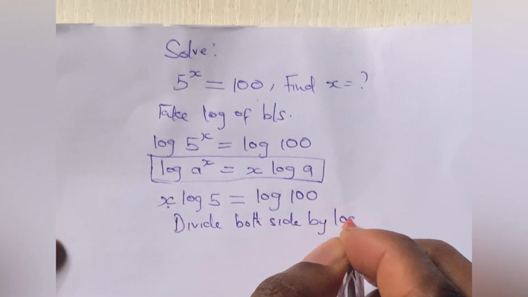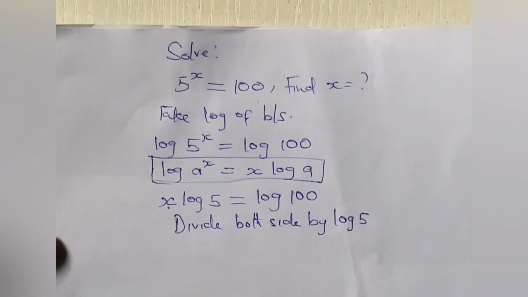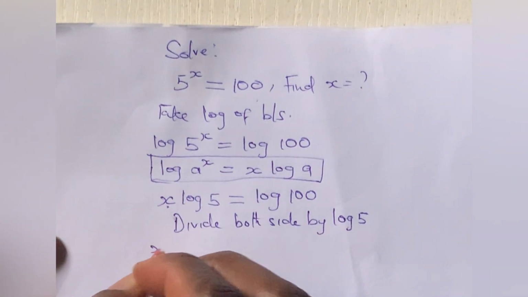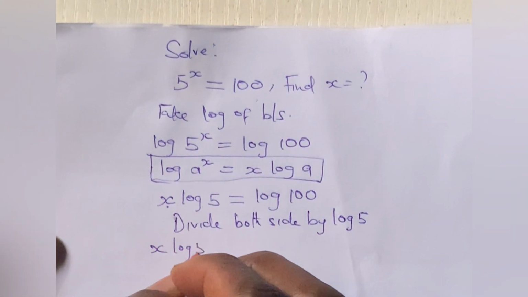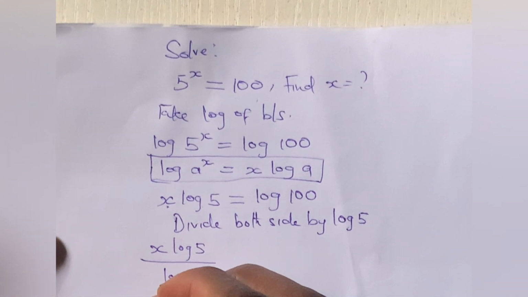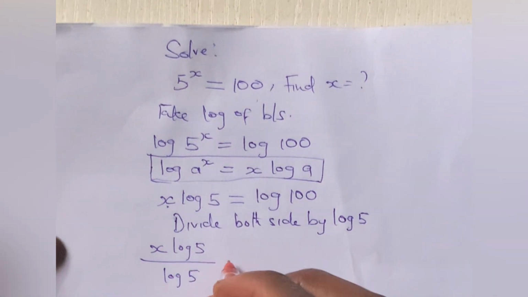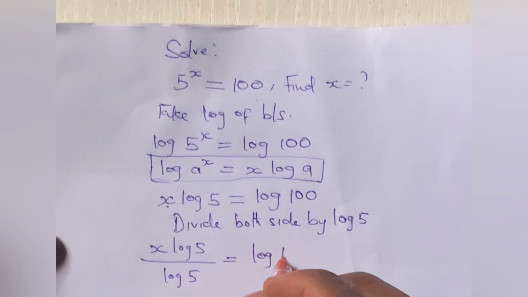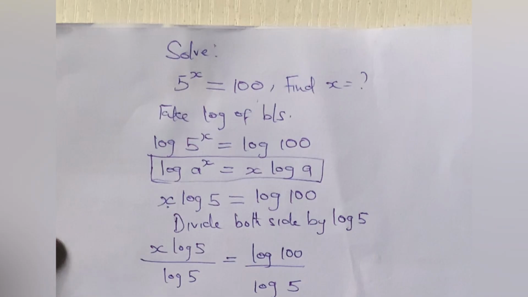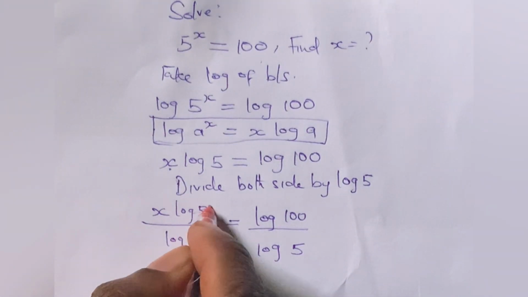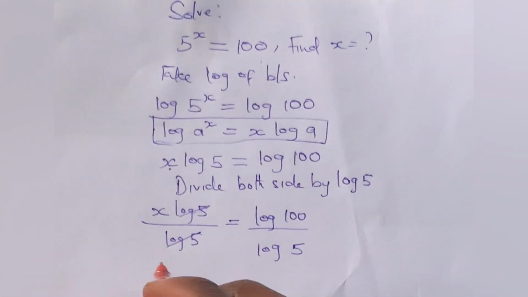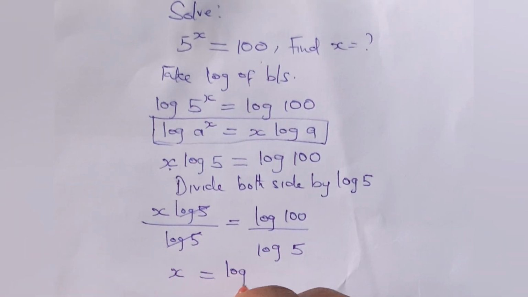We have x log 5 divided by log 5 is equal to log 100 divided by log 5. Now log 5 cancels log 5. We're left with x on the left hand side is equal to log 100 over log 5.